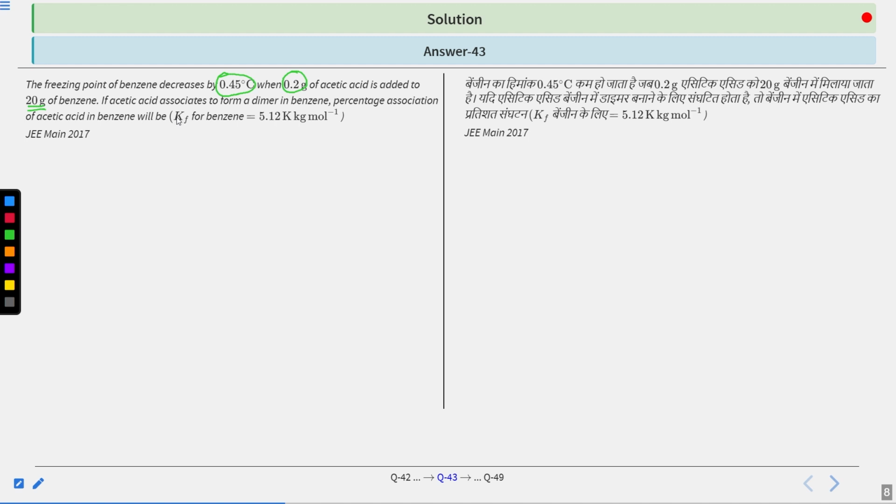If acetic acid is associating in benzene to form a dimer, then what is the percentage association given this data, where Kf for benzene is 5.12 Kelvin kg per mole? So your correct answer will be D.